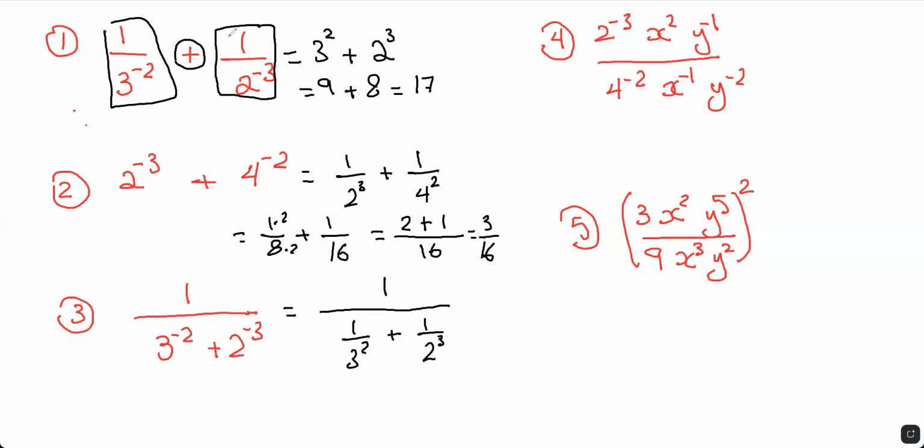You don't have 1 over this and then 1 over that. So here this becomes a little bit more challenging. Now, this becomes 1 over 9 plus 1 over 8, which equals, yeah.